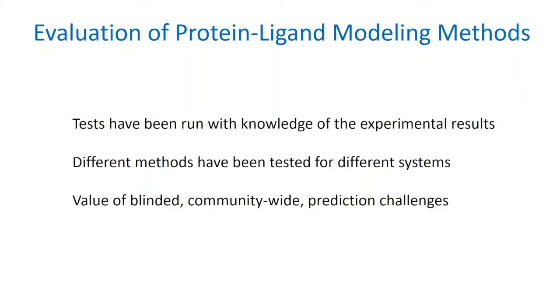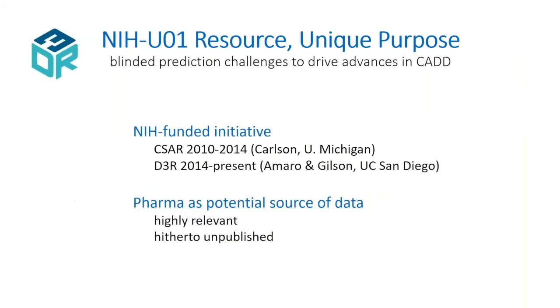We also have the challenge that different methods are tested with different systems, which drives the need for common benchmarking systems that can be assessed in a prospective way, blinded to the actual results. This really brings home the value of having blinded community-wide prediction challenges.